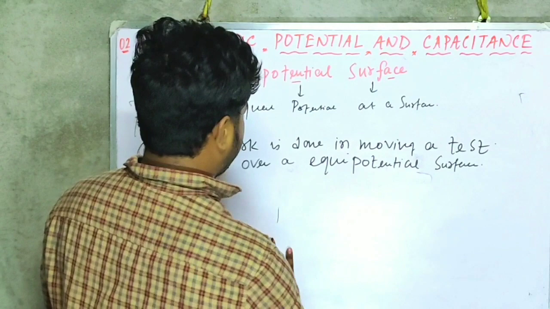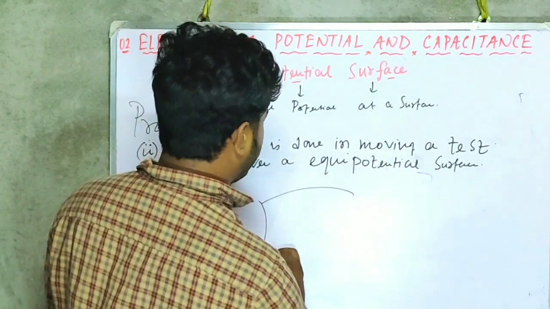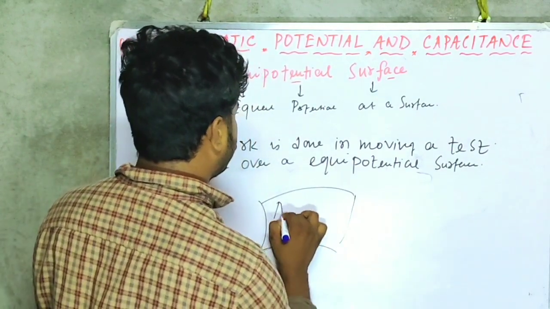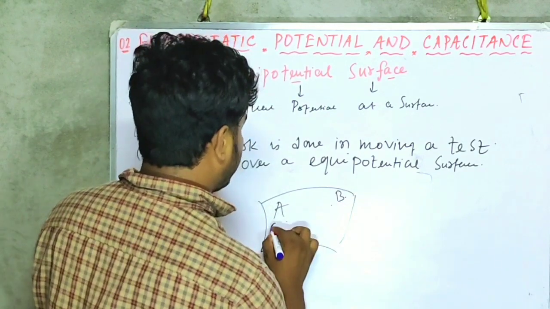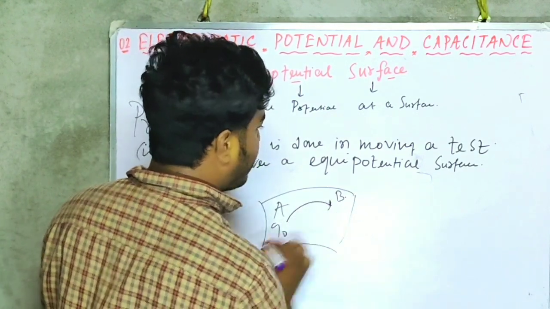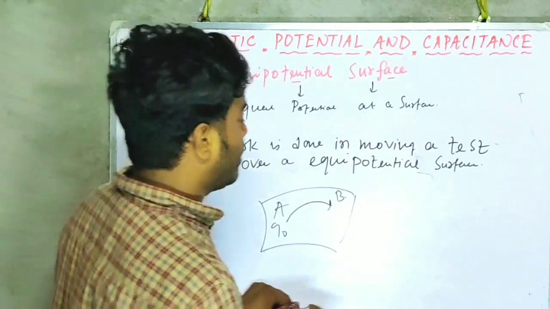Let's consider this surface is an equipotential surface, and we are taking a charge Q0 which is moving from point A to B. So what will be the formula of work done?